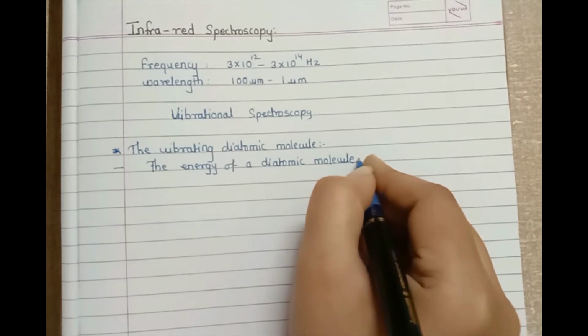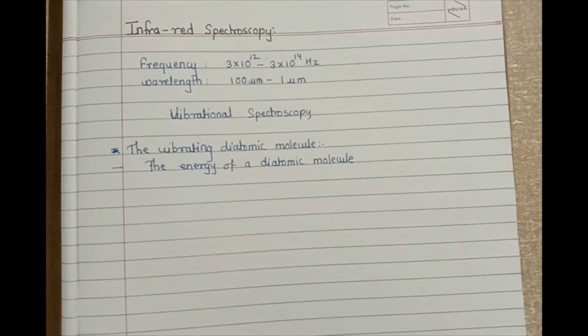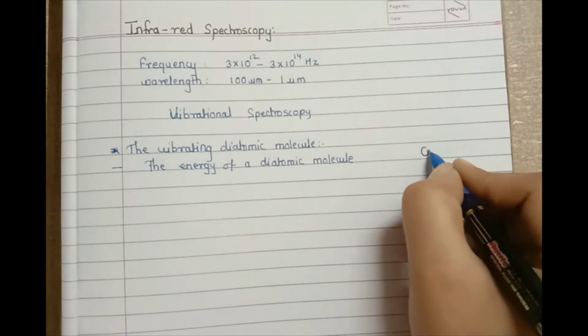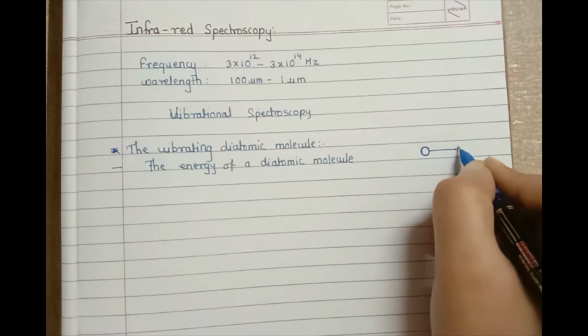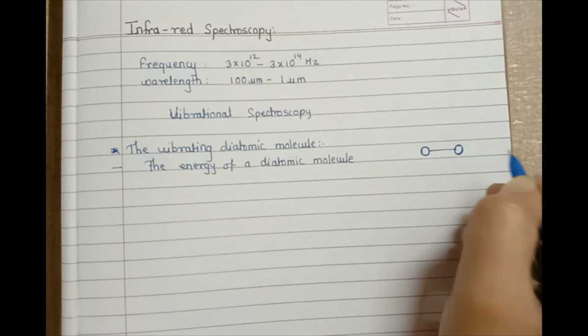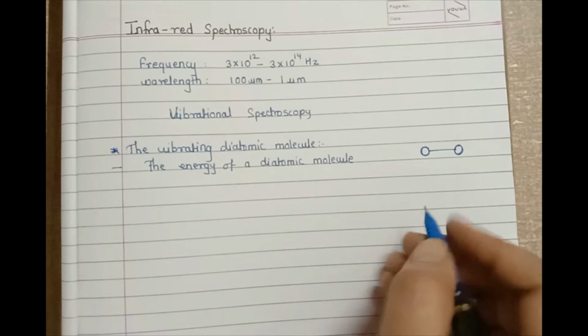First of all we have to assume a molecule, a diatomic molecule. See, this is a diatomic molecule. What happens in the diatomic molecule?